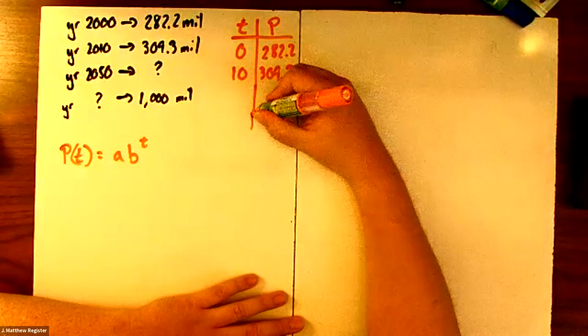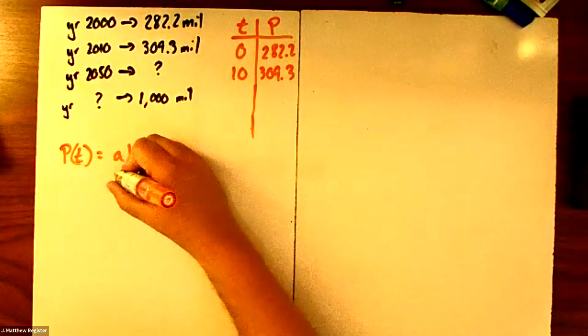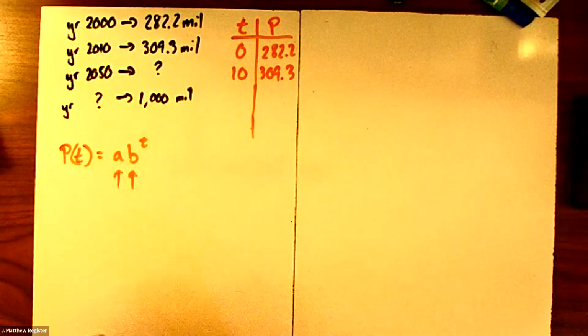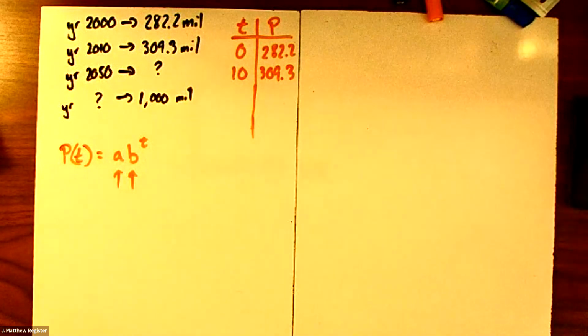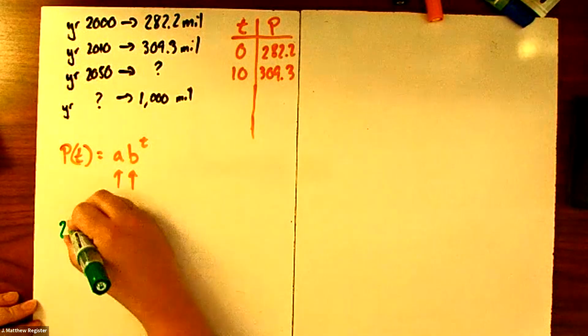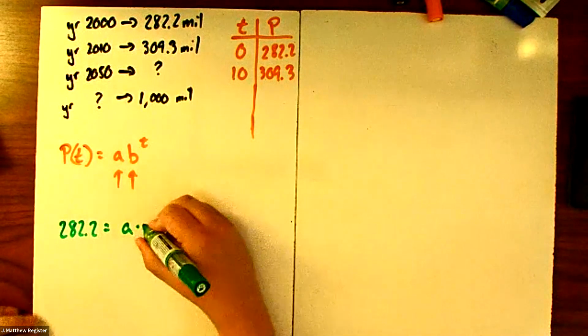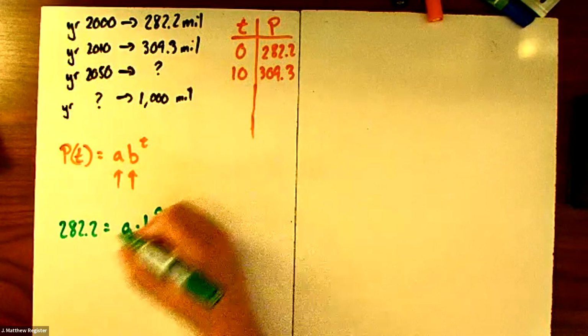Using these two pieces of data, we can take this model and figure out what A and B are. That's the strategy we're going to take. Let's start by plugging in that first piece of data. 282.2 is our population, and we're saying that that's equal to A times B to the 0.